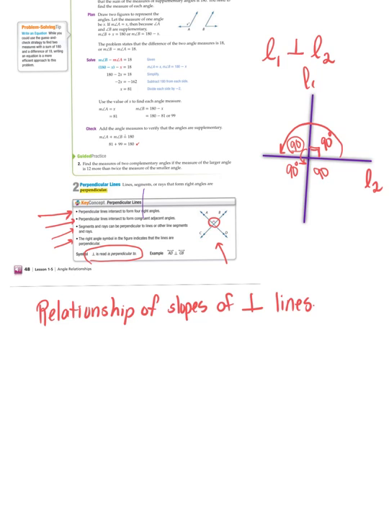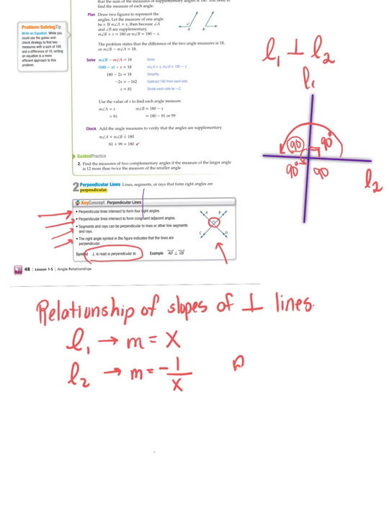Perpendicular lines have slopes that are negative reciprocals of each other. So if line 1 has a slope equal to x, then line 2 must have a slope of negative 1 over x.